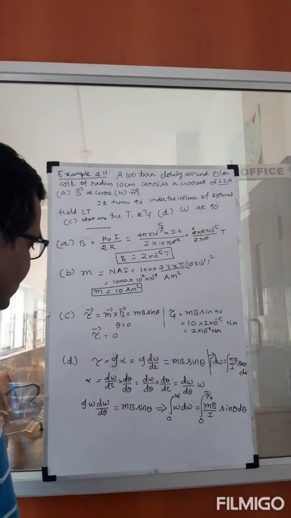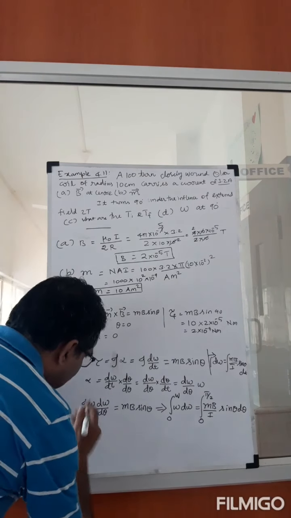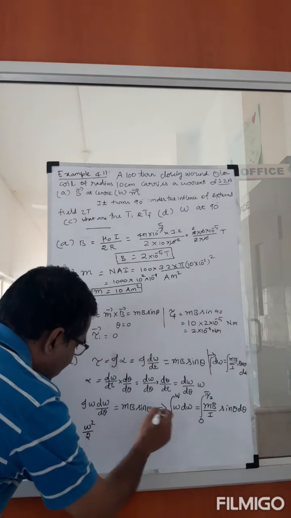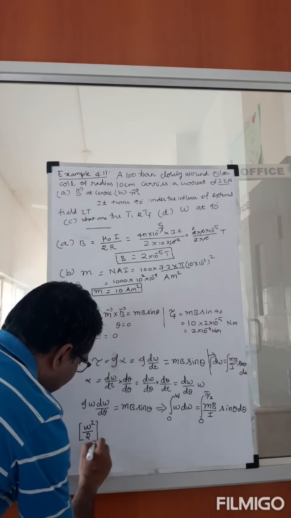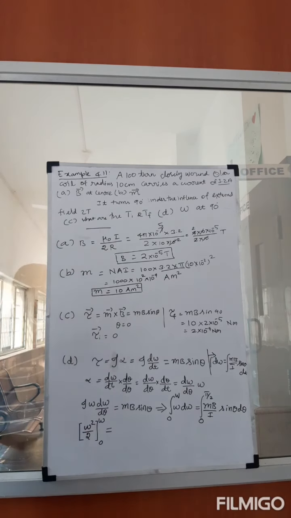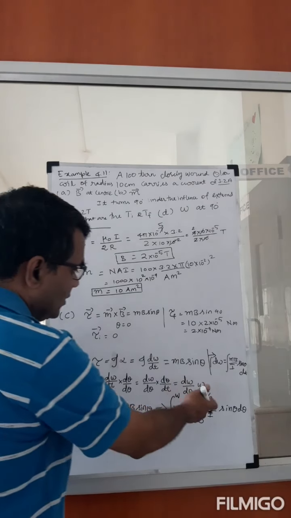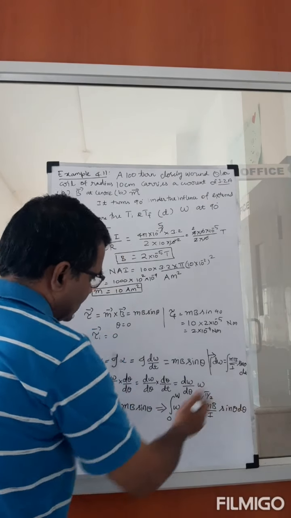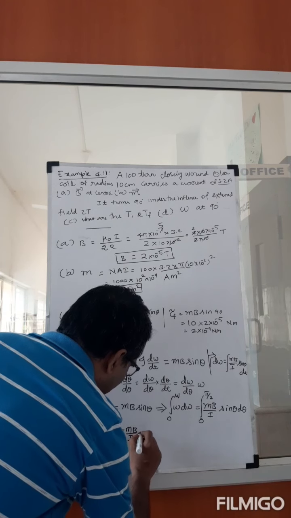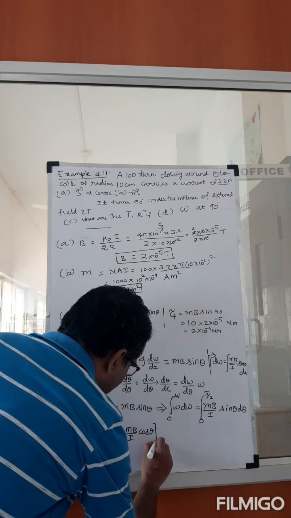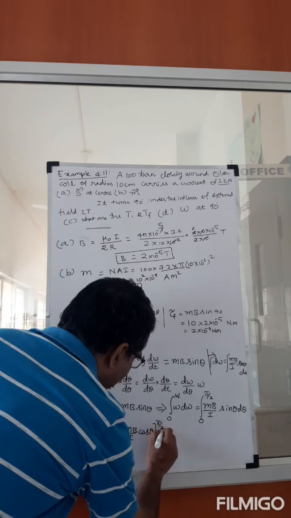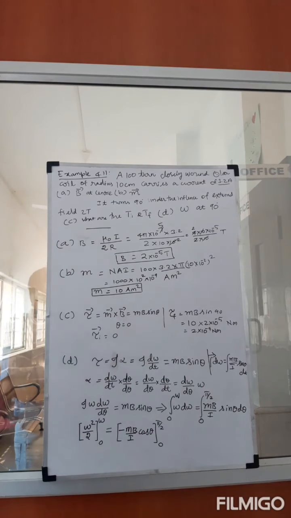If I do that, I'll get omega squared by 2, from 0 to omega, that is equal to minus mB by I cos theta, with limits 0 to pi by 2.